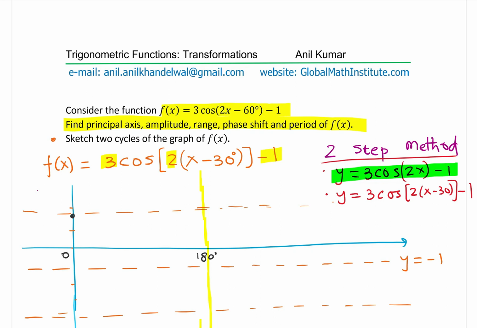So we are going to divide this into 4 quarters. See how I'm dividing it into 4 quarters. What I'm trying to say here is that on your graph paper, this will be 90 degrees, this is 45 degrees, this is 135 degrees.